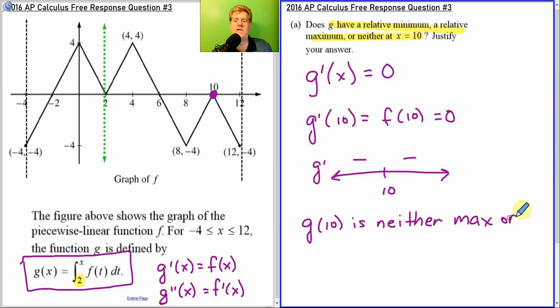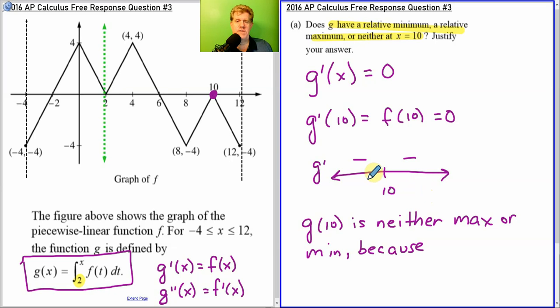Now, in past AP tests, and this has been quite a while, maybe when I first started teaching or so, not quite that old, but this would be a fine justification for the answer. However, the AP people want to know that you understand what this means. You have to write it out in words for them. So G of 10 is neither a max nor a min because, and the reason why, it's going down, it levels out, and it goes down.